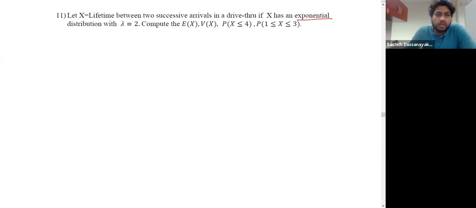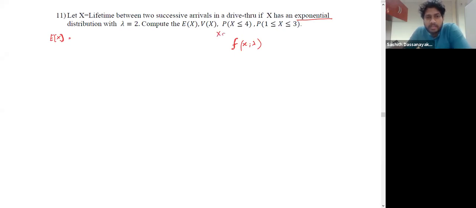Okay, let's do this one. This asks for the expected value of x, so you should know the expected value of an exponential distribution. First I'll write the distribution here.